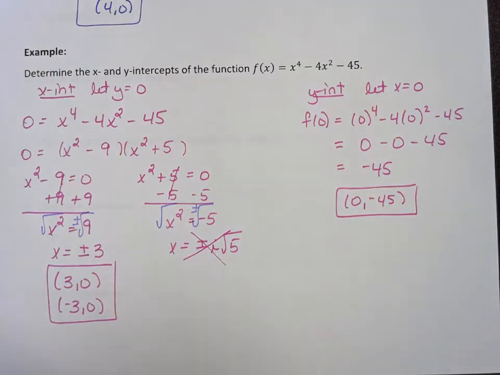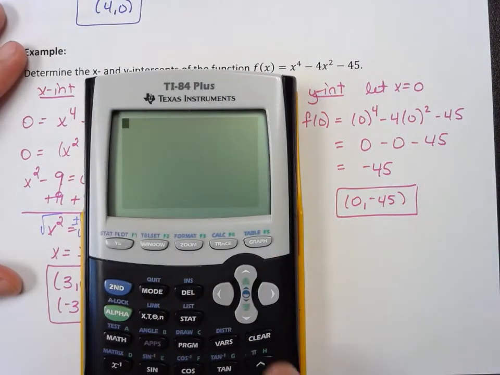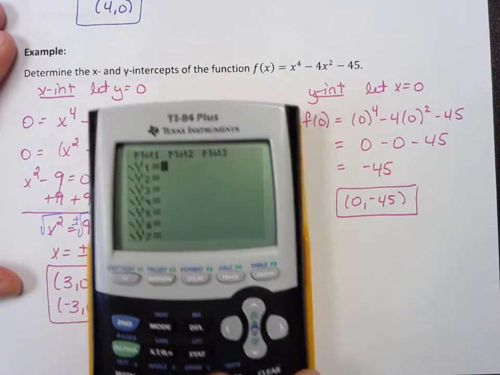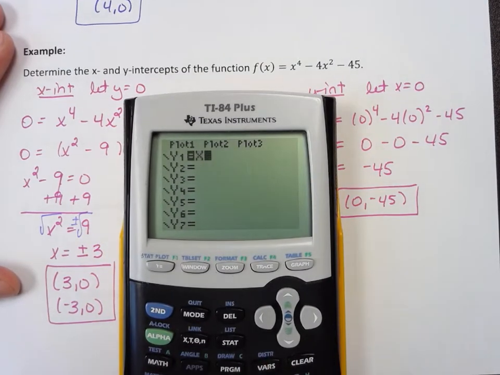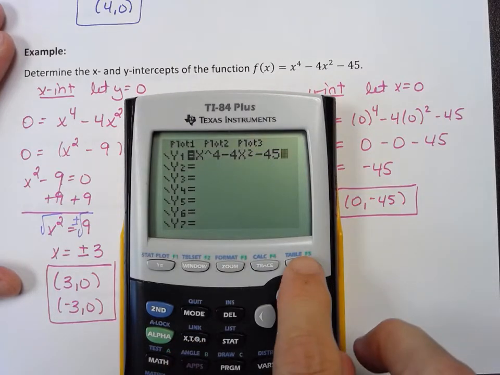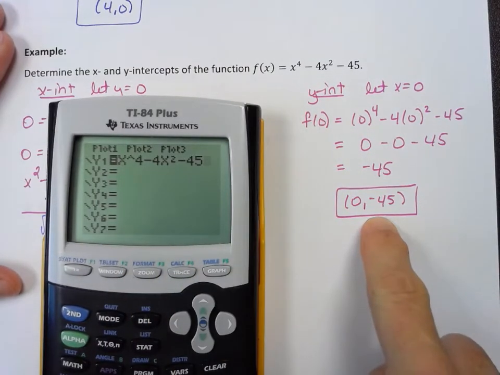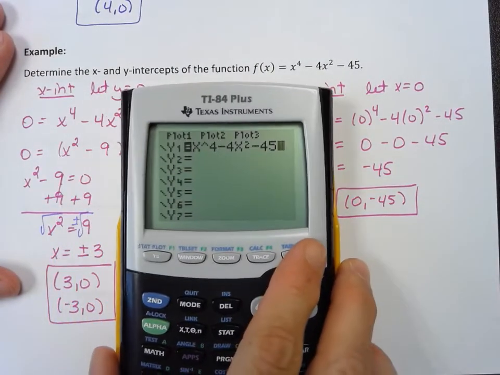I actually want to sketch this graph and let you see what it looks like. Let's see, we have x to the 4th minus 4x squared minus 45. When I graph this, it's not going to show up very well because our y-intercept is at negative 45, and I want you to see that.